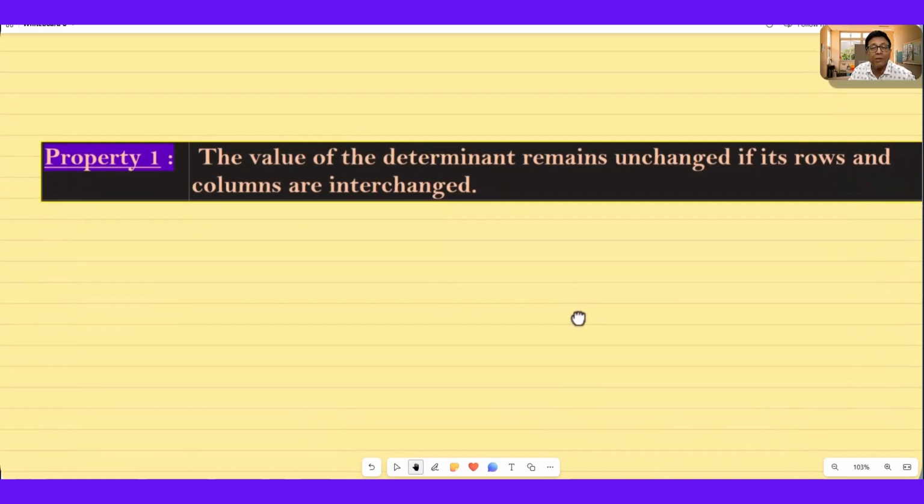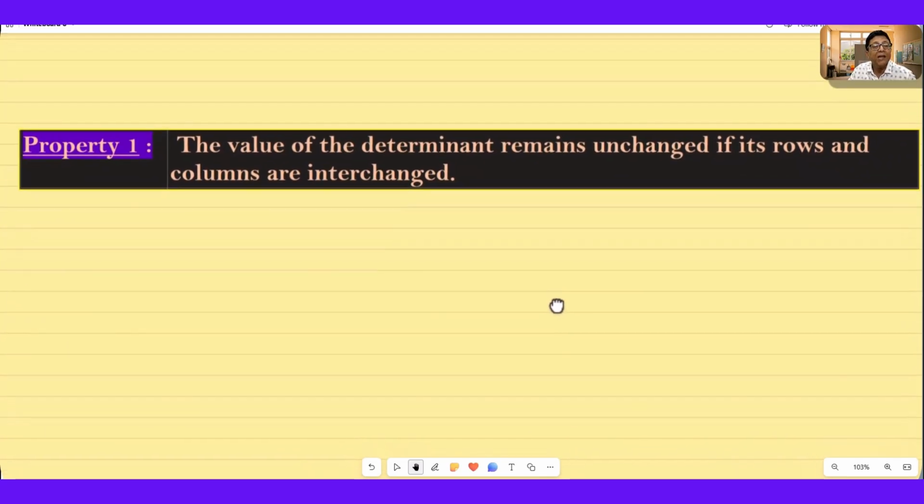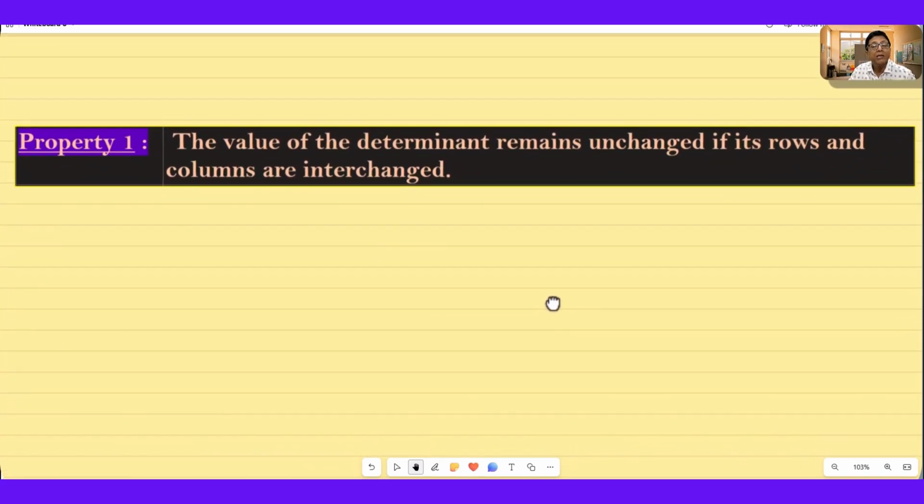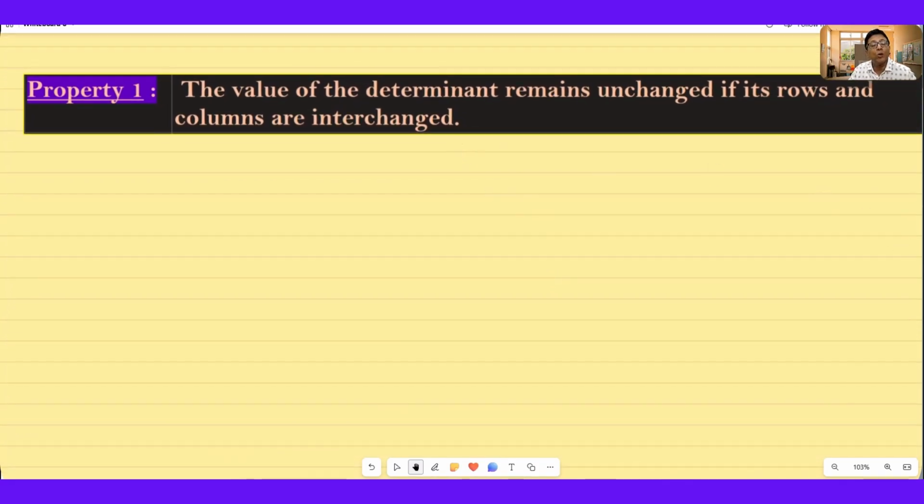The first property is: the value of a determinant remains unchanged if its rows and columns are interchanged. I mean, let A equal to A1, B1, C1, A2, B2, C2, A3, B3, C3.